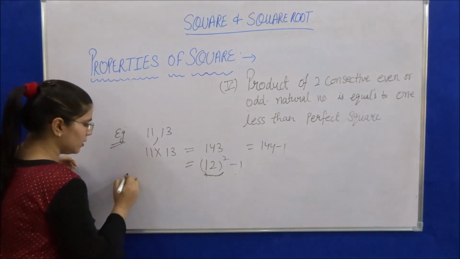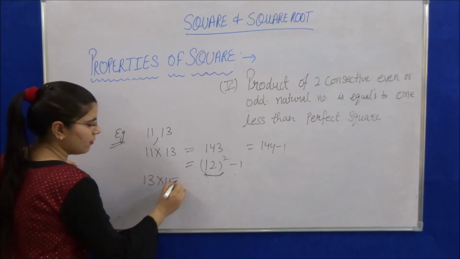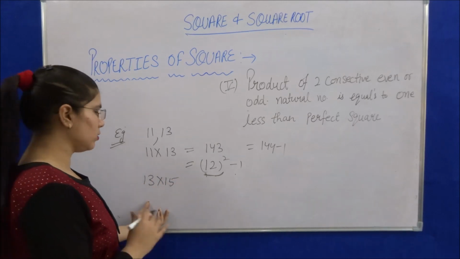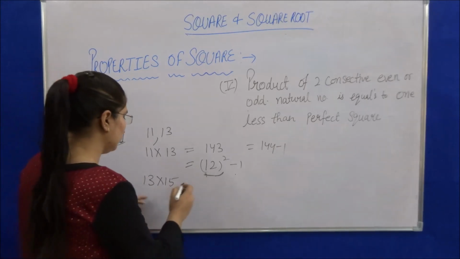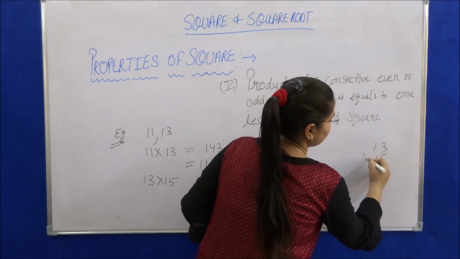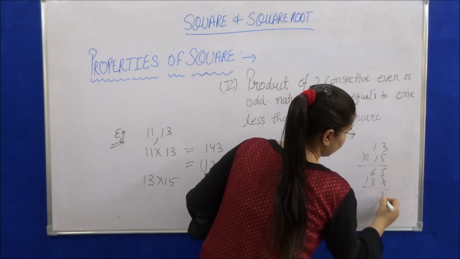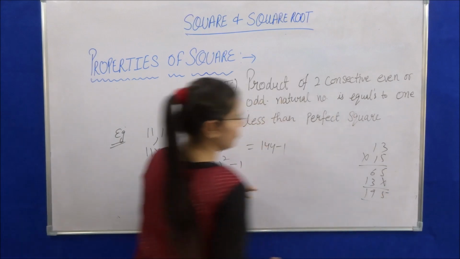Now we can consider one more example, that 13 multiplied by 15. Once again, these are two odd numbers. Now if we take the product of these numbers, we get 195.